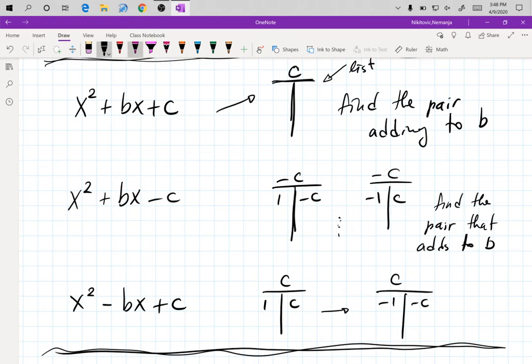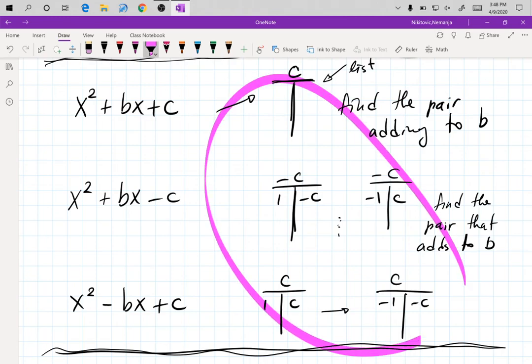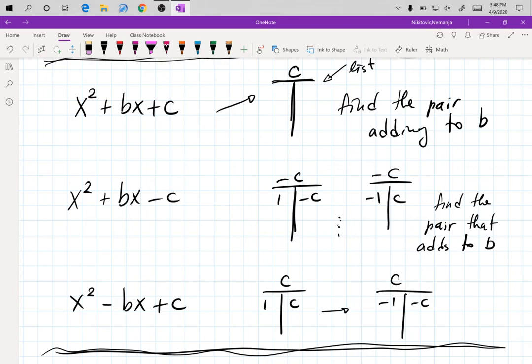Working on these charts and having these charts is insanely important, so please make sure you have that. And yep, that's it for 6.2.